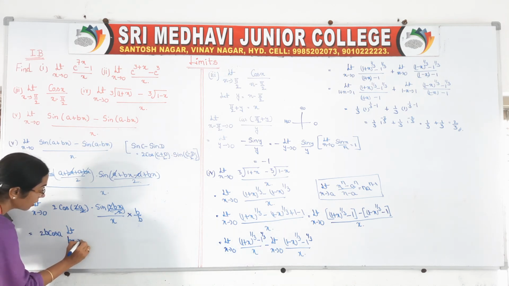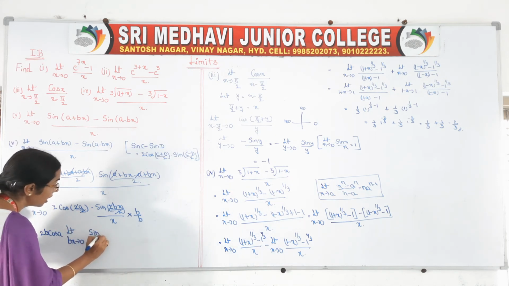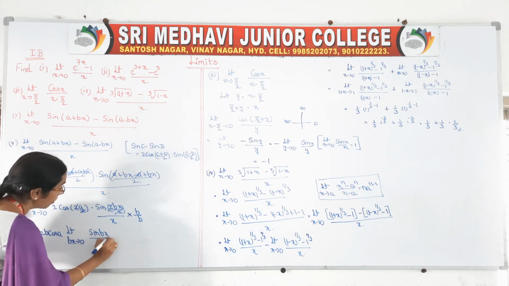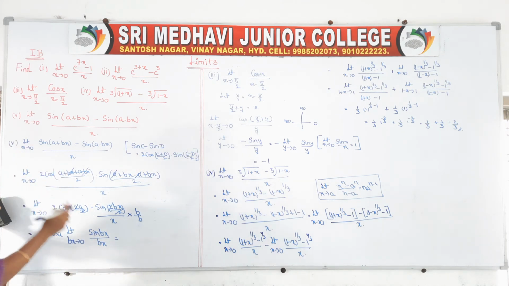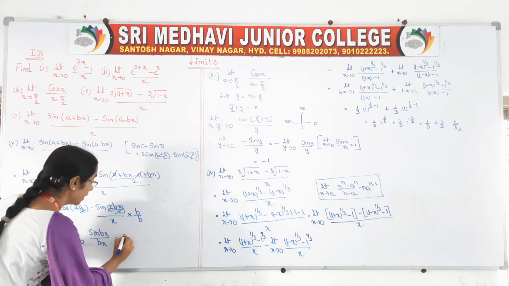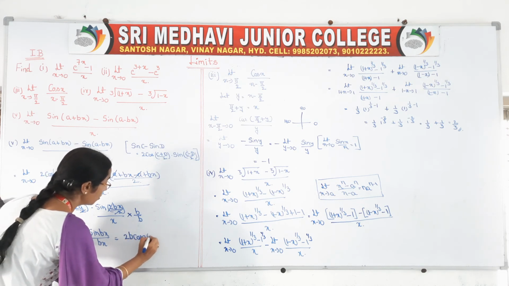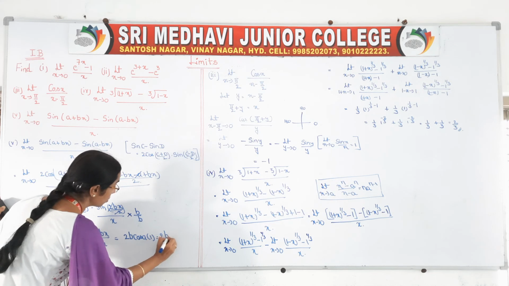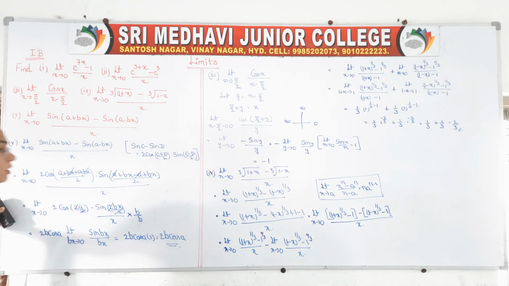So what is the formula? Sin bx by bx. So this is 1, limit bx tends to 0, sin bx by bx is 1. So it is 2b cos a into 1 is equal to 2b cos a is the answer of your question.